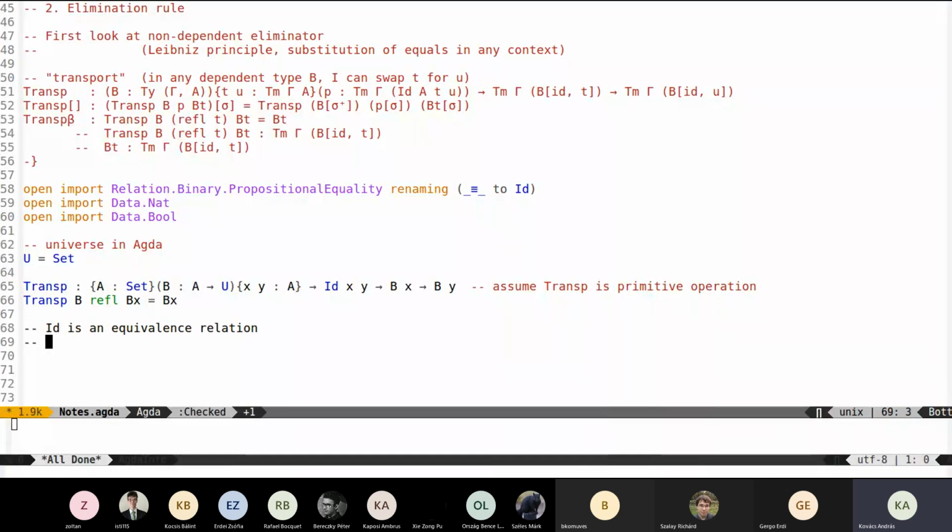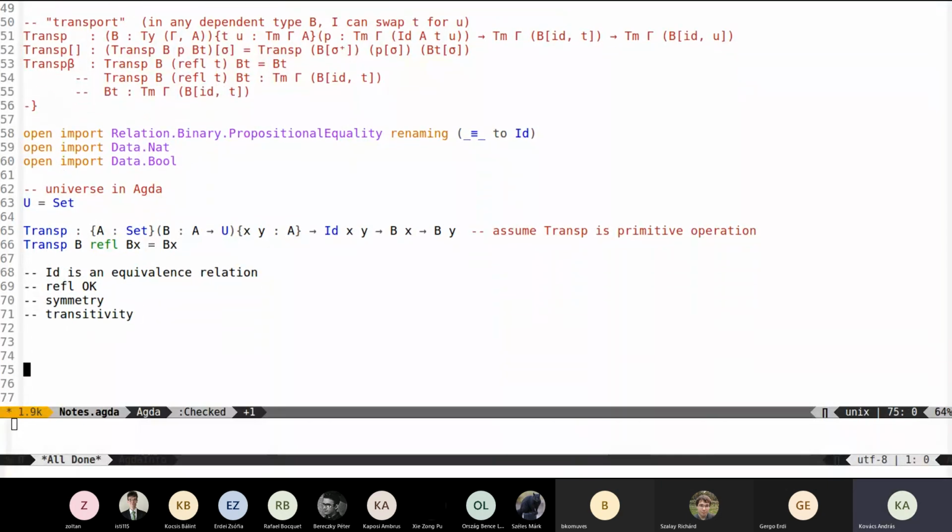Because we already have refl for reflexivity, so that's okay. But we still need symmetry and transitivity. And it turns out that symmetry and transitivity are just provable.